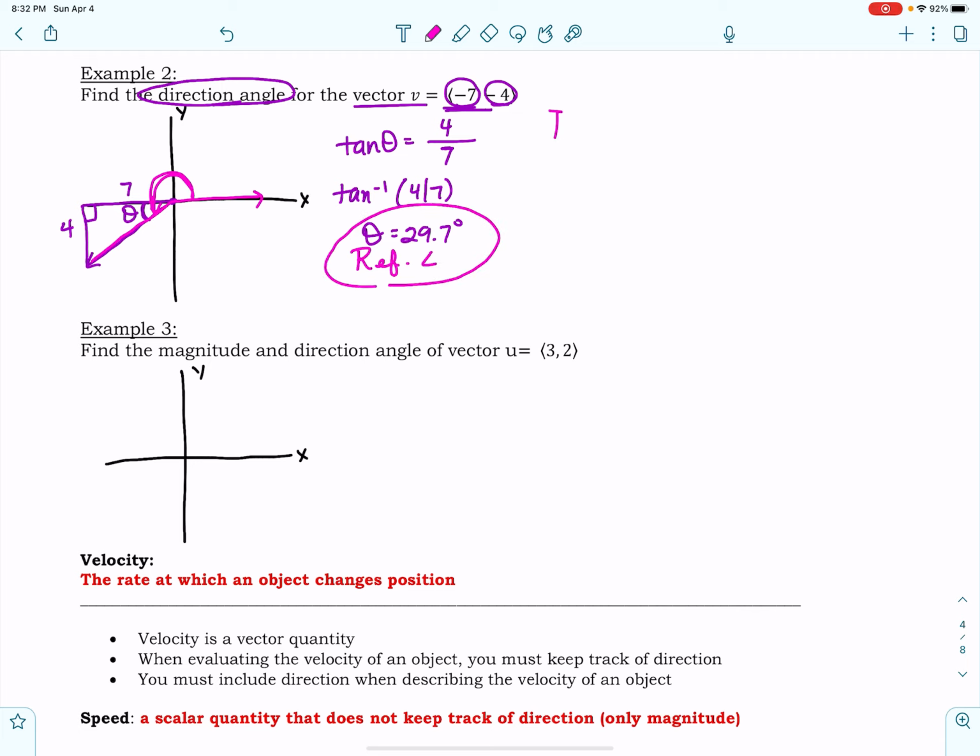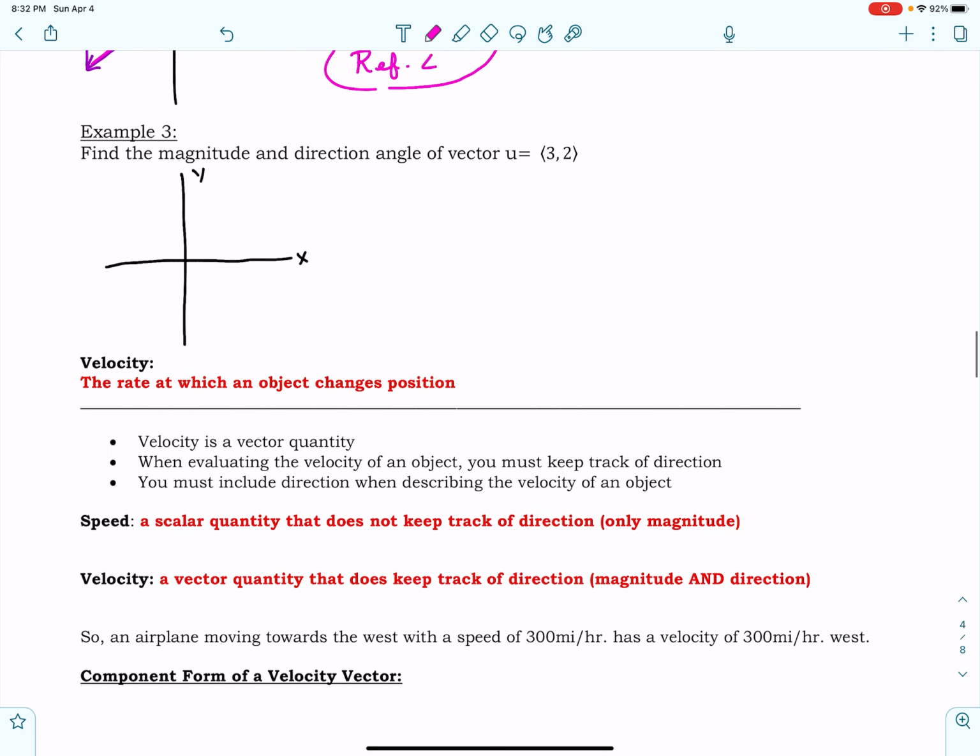So for the direction angle, and I know it's confusing, the direction angle is 180 plus the reference angle. So my direction angle here is equal to 180 plus 29.7, which gives me 209.7 degrees. Easy peasy.